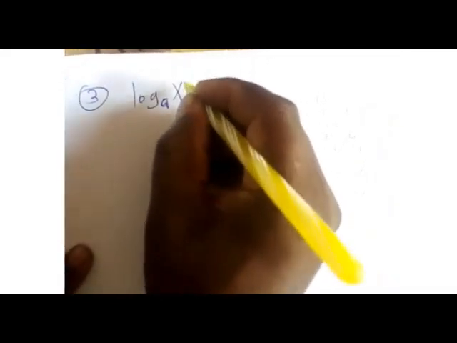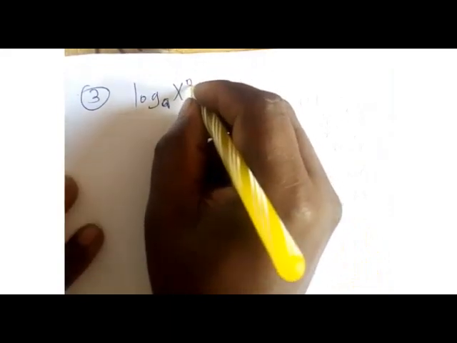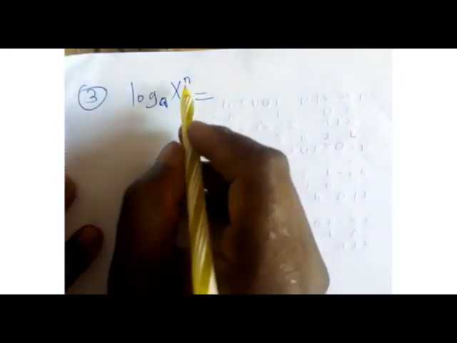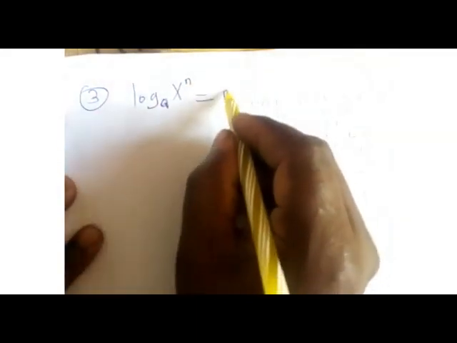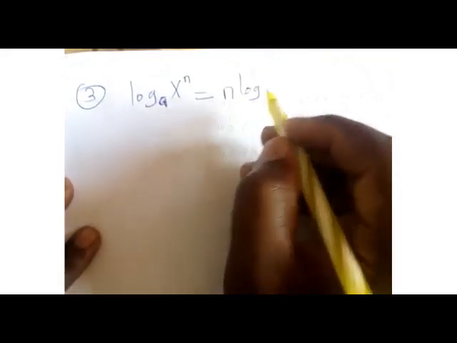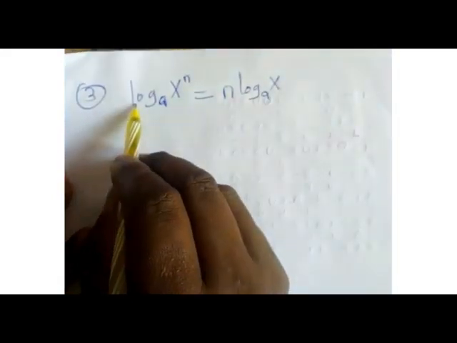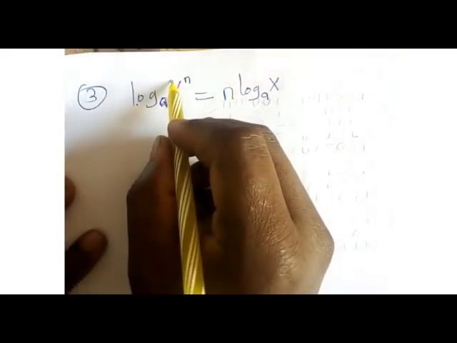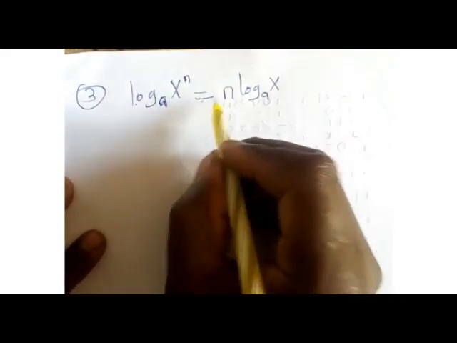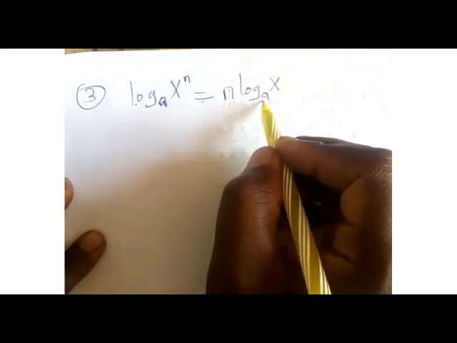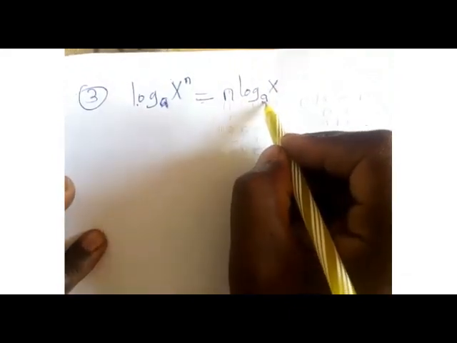Log base a of x raised to power n is equal to, now this power here, we have n log base a of x. So I'm saying that the log to base a of x raised to power n will be the same as n log x to base a.